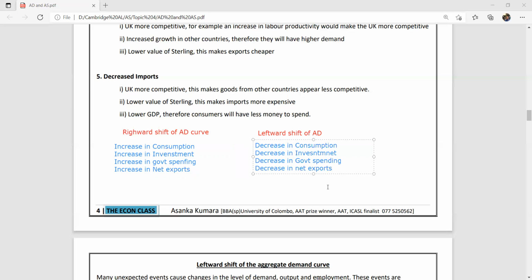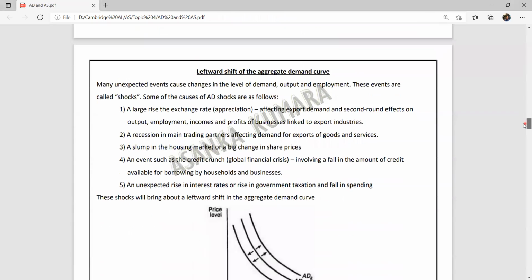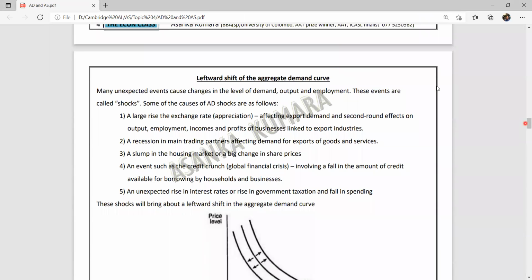These are the reasons for rightward shift and leftward shift. So in the leftward shift, what we mentioned before can be represented the opposite way. As well, I added some other reasons too.